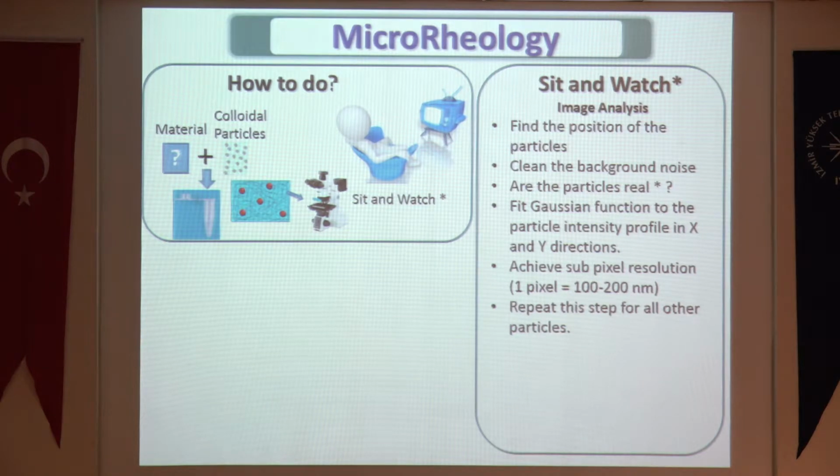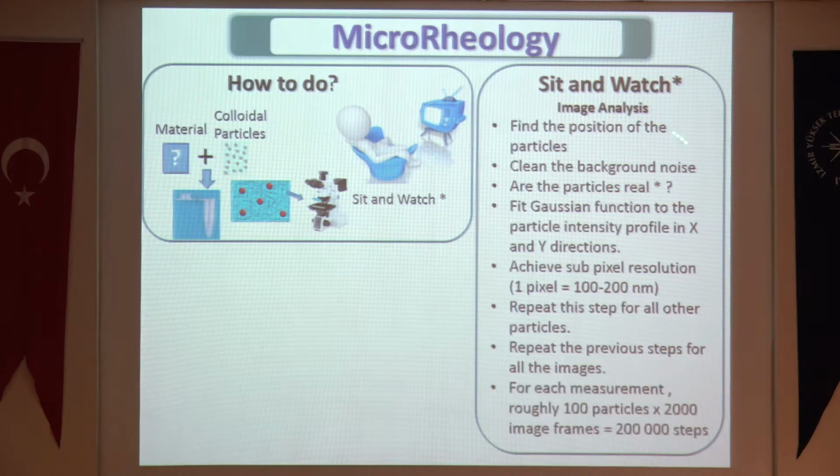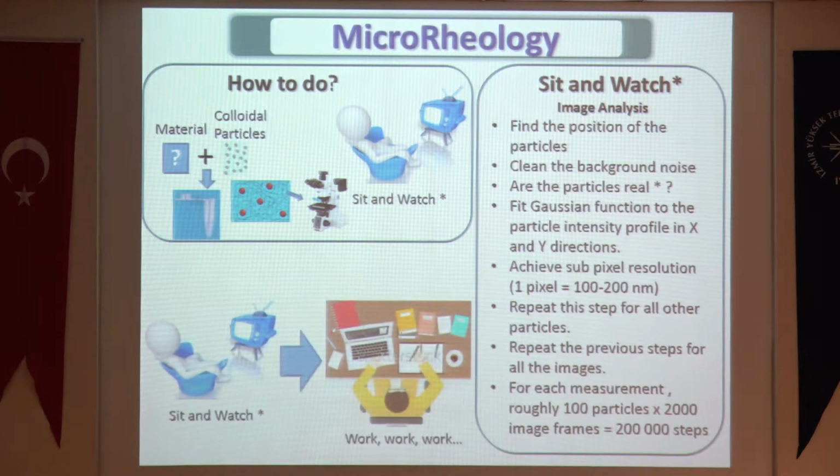We repeat this step for all other particles in the view, and for all the images. For each measurement, it is roughly 100 particles and maybe 2,000 image frames, roughly 200,000 steps of work. So what I tell them, sit and watch, is basically a little bit of work to do.